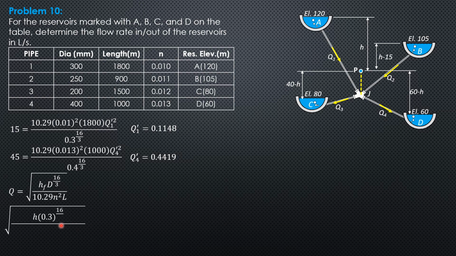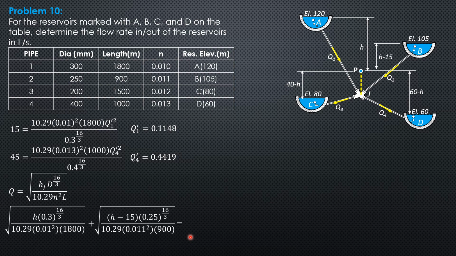So square root of H, 0.3 for pipe 1 to the 16 thirds over 10.29, 0.01 square, length 1600, plus Q2. Q2 is square root of quantity H minus 15, diameter is 0.25 to the 16 thirds over 10.29 times 0.011 square. Then the length is 900.